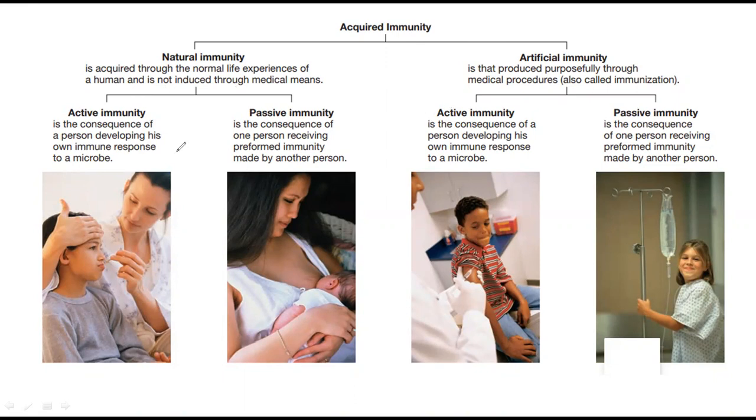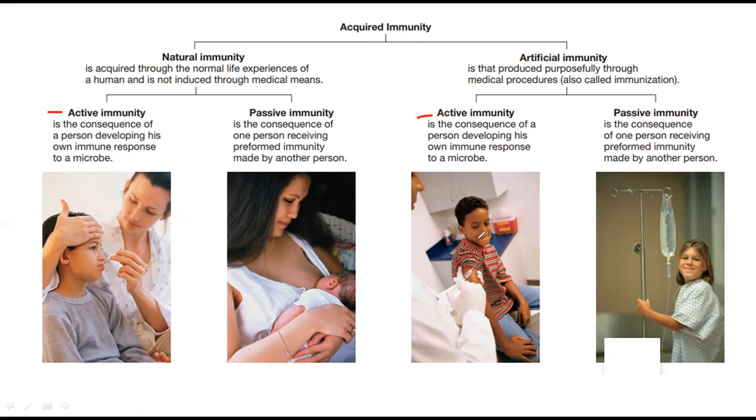At the last, I want to tell you that if we compare natural active immunity and artificial active immunity, here also the antibodies are produced, but when a person is directly exposed to a pathogen, in the food or in the water or in the environment. And here, the doctors are injecting that microbe into the person.